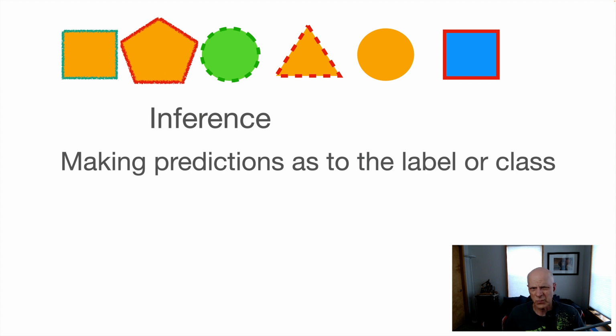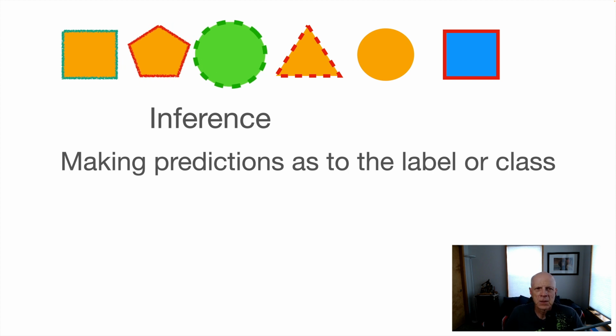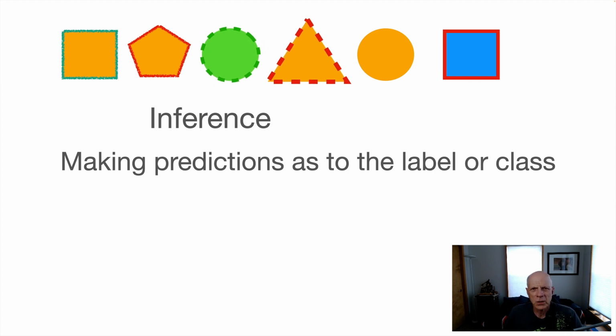The second object, we haven't seen that shape before, but I'm hoping you'll think, yeah, that's likely to be an ISA. The third object, that green circle, I'm pretty sure everyone will say that's not an ISA. The fourth one's a bit trickier because it has that dotted border, but if you guessed ISA, you'd be correct. And the last two are not ISA.